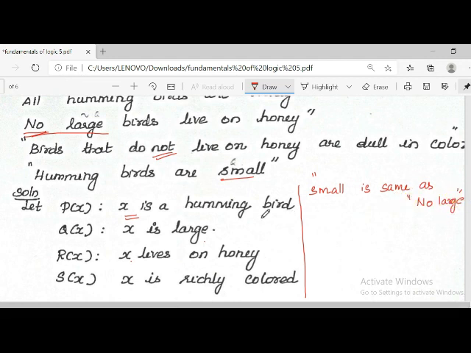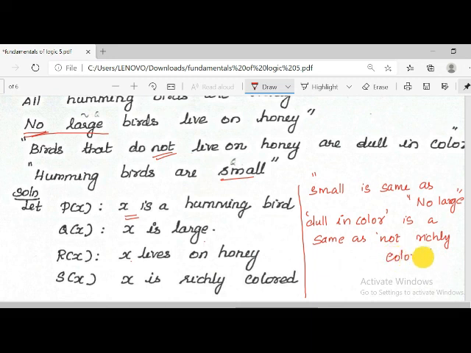Next one, dull in color. It is given here, dull in color. Dull in color means the same as not richly colored. These two are the same because they mean the same.